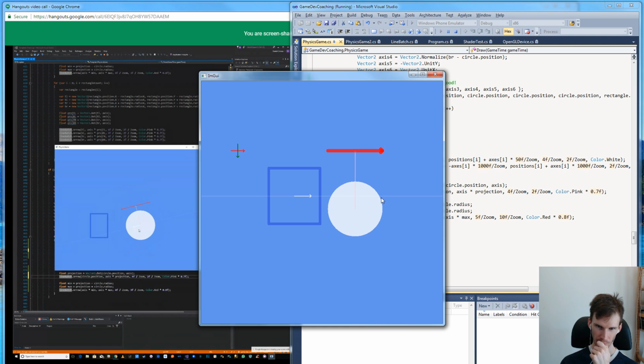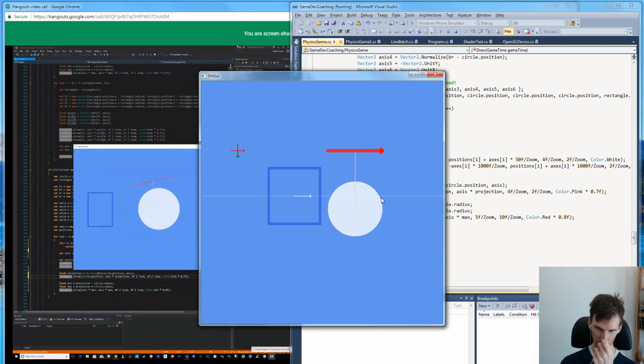I'm trying to think about why that is, and I think I know. I'm just trying to make sure I know for sure. So this is the position this axis is starting from, and it's projecting in this direction. All of the points we draw need to be along this line.